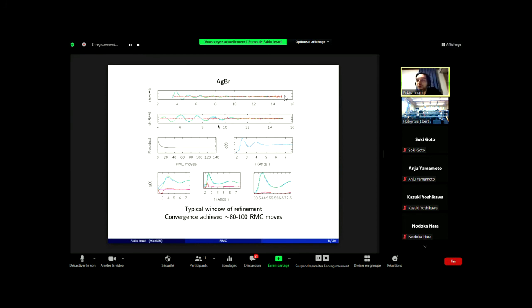In our group we mainly focus on disordered configurations, so RMC is more adapted for that scope. But there are some other groups which instead focus on crystals, and in that case, first of all, you have to know more or less already what the structure is, but I don't know if they also do this exchange.